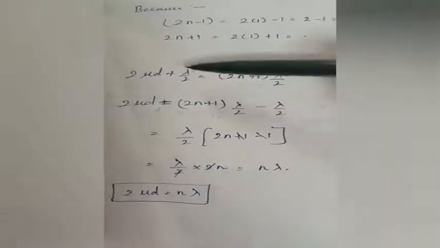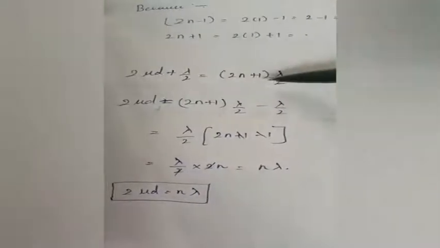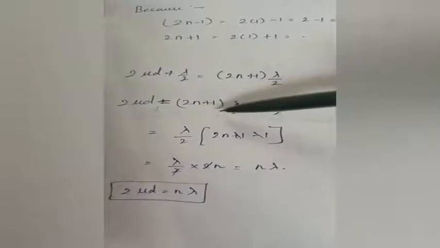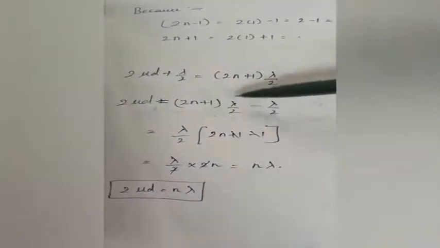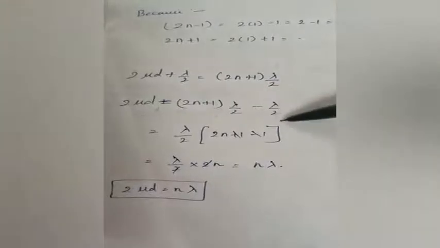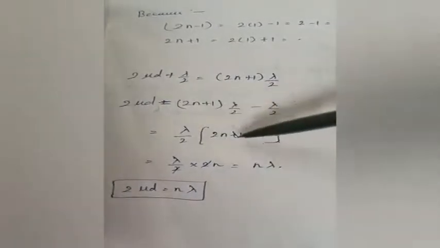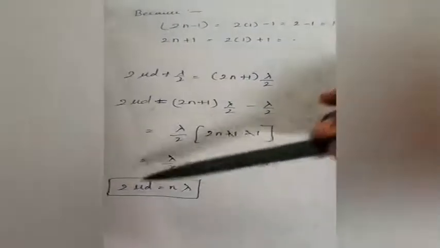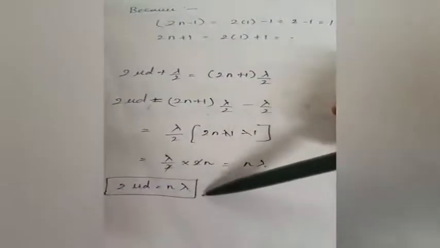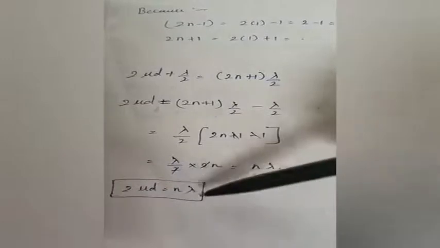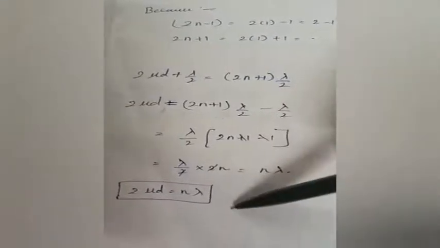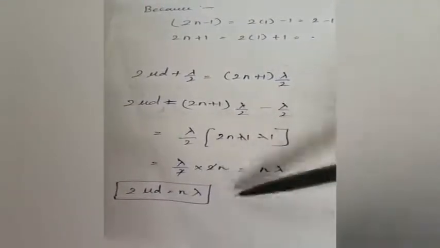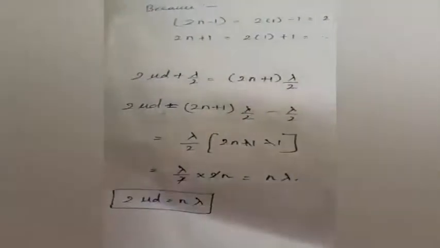Finally we simplify: 2 mu d is equal to (2n plus 1) lambda by 2 minus lambda by 2. Taking out the common value and cancelling the terms, finally you get n lambda. So 2 mu d is equal to n lambda. This is a condition for constructive, and this is a condition for destructive, so it obeys the same condition.